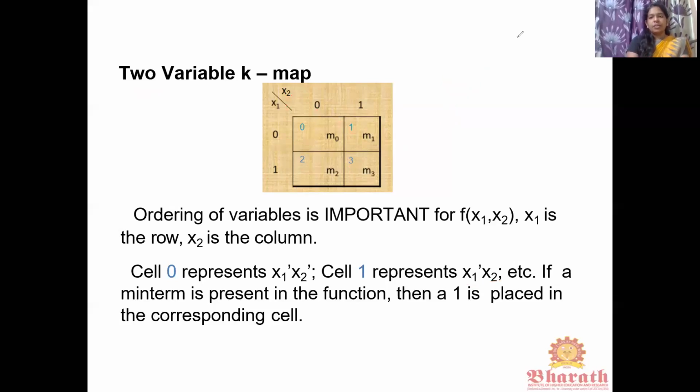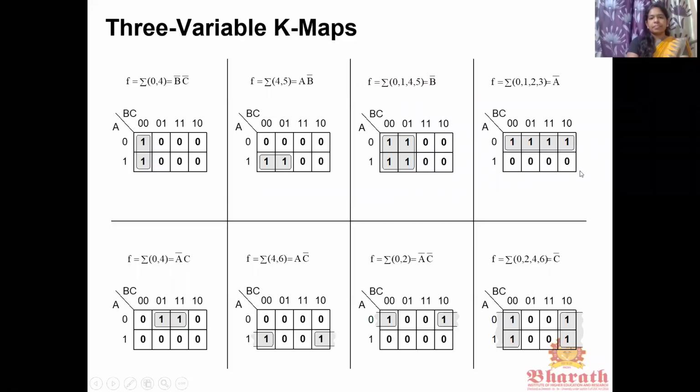Then moving on to the 3 variable K-map. In the 3 variable K-map, the formula is 2 power n. The n value is 3, so 2 power 3. Totally we have to draw 8 cells.